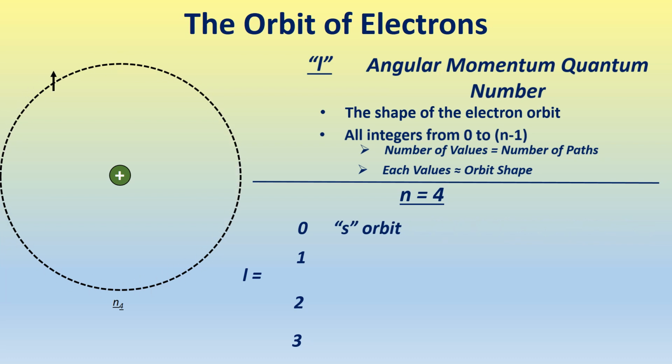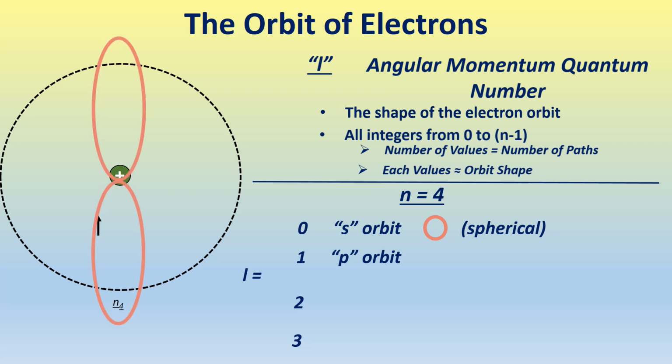The s orbital is perfectly circular in shape, and is actually spherical in 3 dimensions. l equals 1, a p orbital, winds up giving a racetrack or a figure-8 shape to the movement.